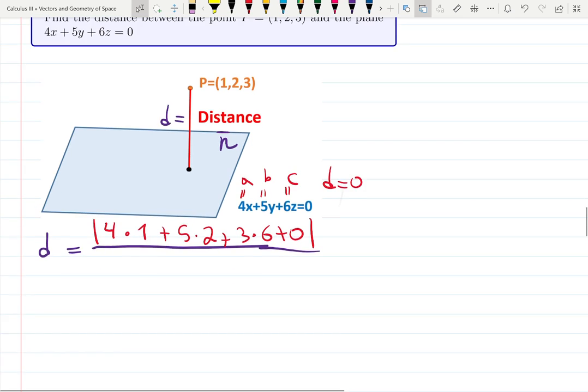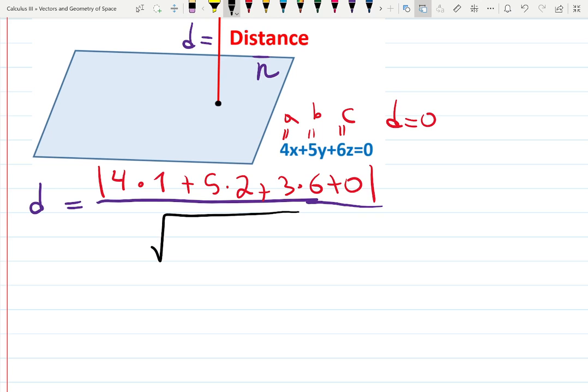Over what the denominator is, square root of what? It's going to be 4 squared plus 5 squared plus 6 squared. Anyone calculate it?